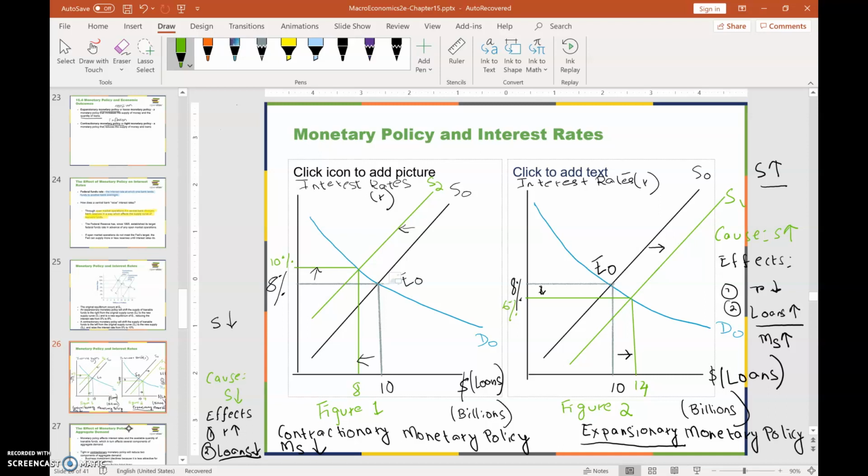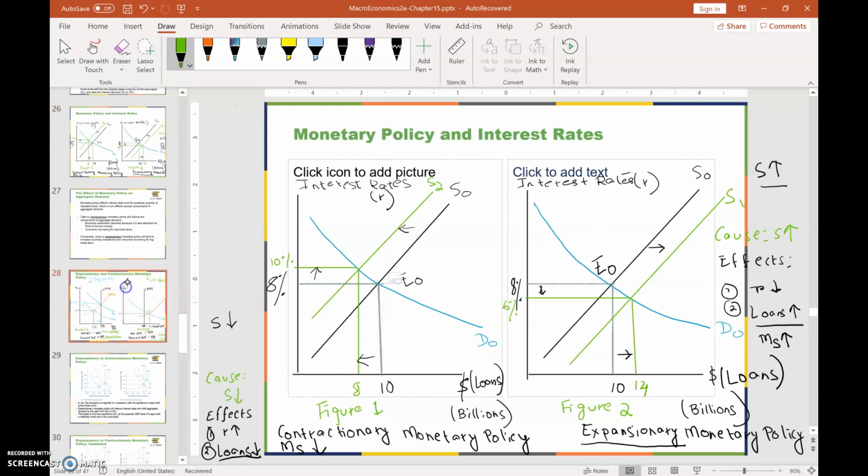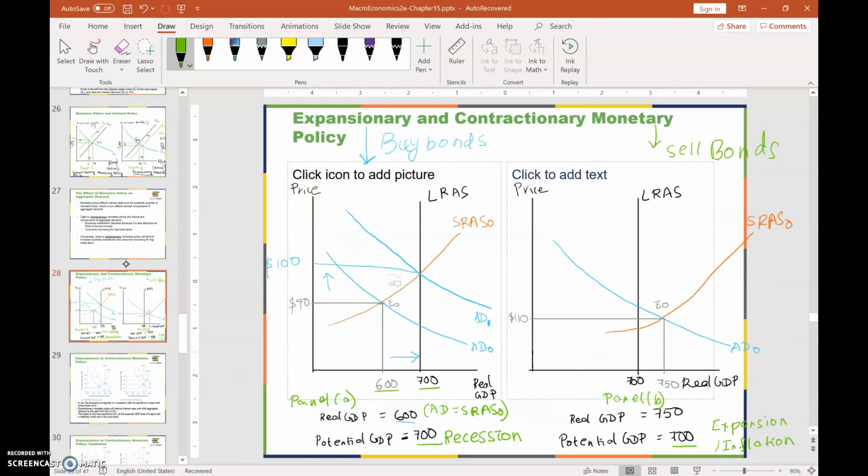When the quantity of loans increases, money supply increases, and this is the expansionary monetary policy. Now, in the next slide, I'm going to bring in aggregate demand and aggregate supply to explain this better. I have panel A and panel B, these two graphs.